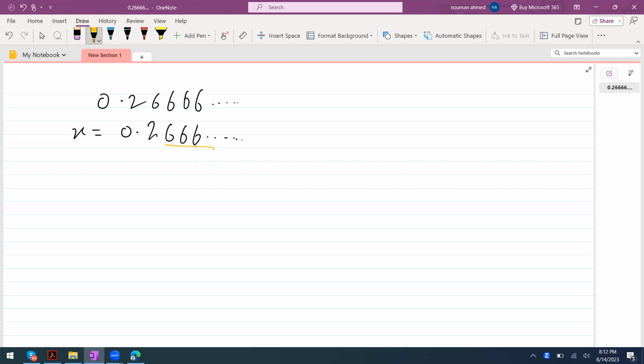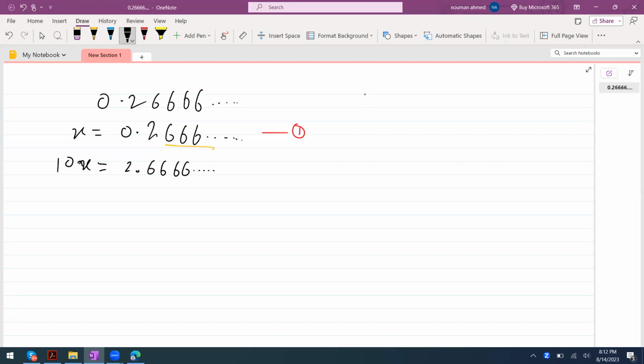We don't want this. Let's call this equation x is equal to this, number 1. Can you try 10x? 10x means this decimal place is moved one ahead, right? So it becomes 2.6666 and so on.